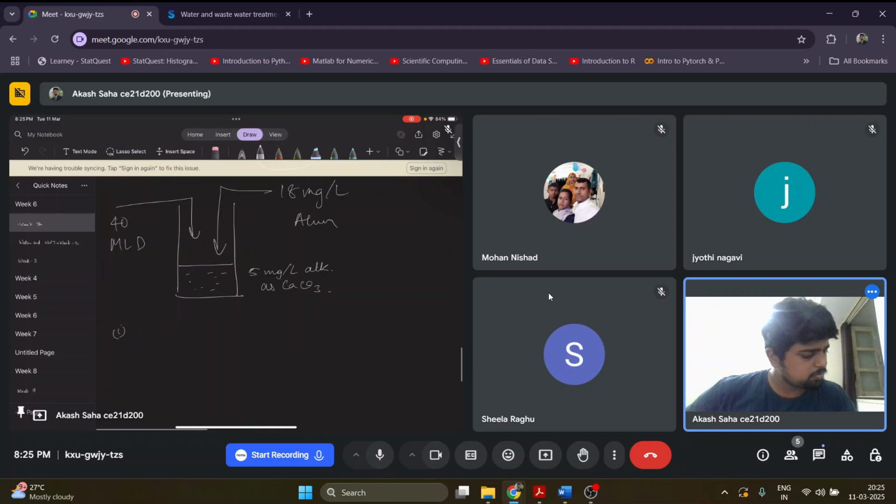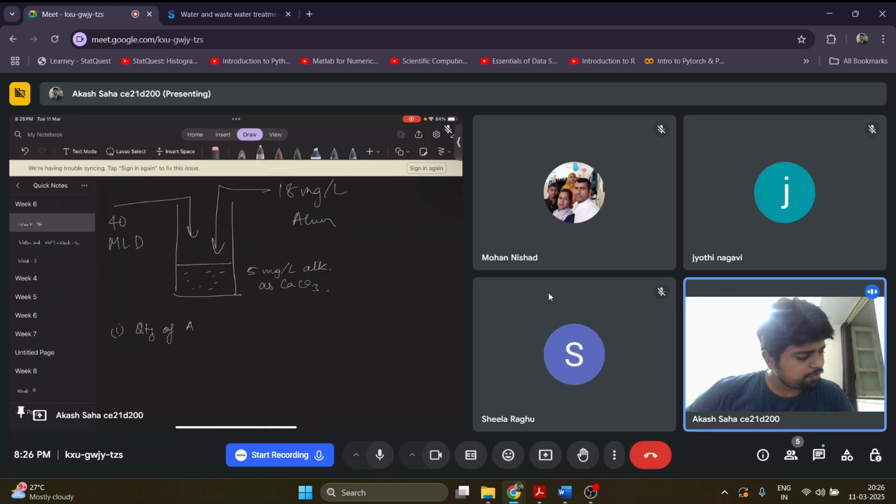So the quantity of alum required yearly will be nothing but 18 milligram per liter of alum into 40 MLD into 10 to the power 6 for million liters to liters into 365 days.